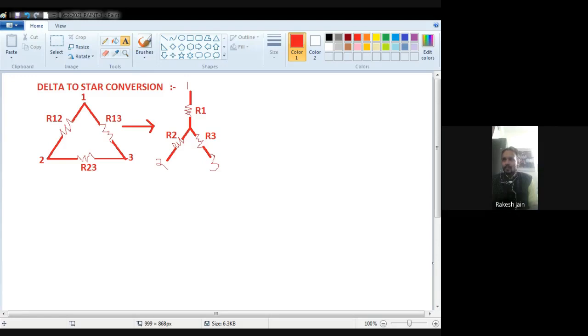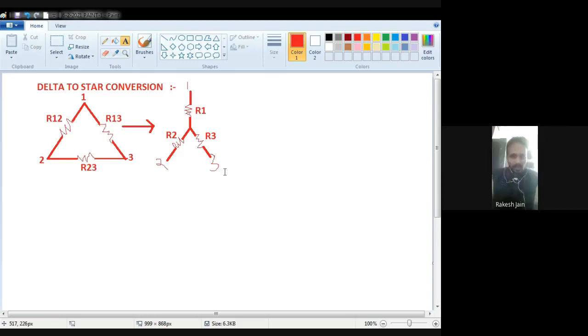Okay, so now we have a numerical question in which a delta network is present, and you have to convert it into a star network. So it means you have the values of R12, R13, and R23.